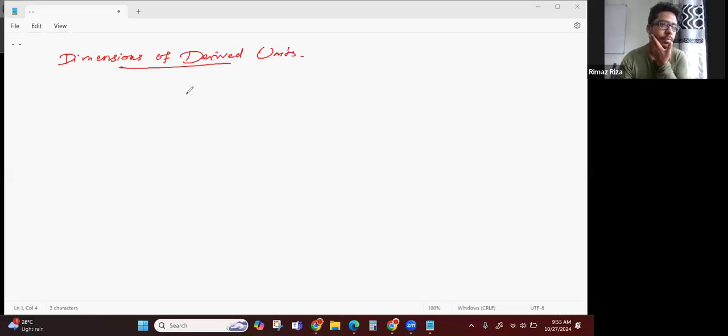So for example, let's say we want to get the dimension of area. So what do we write? Area dimensions. So the dimension of area, we know area is length into breadth.